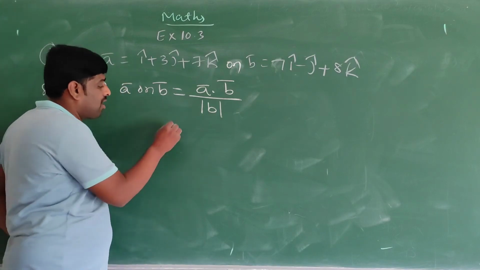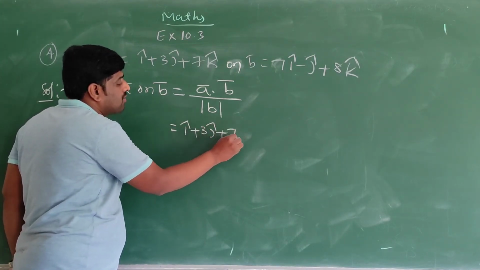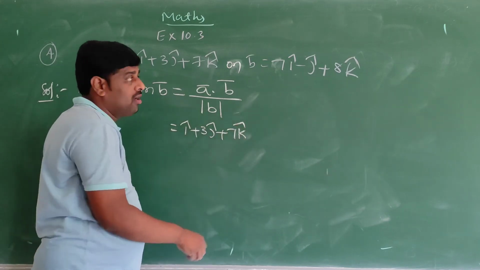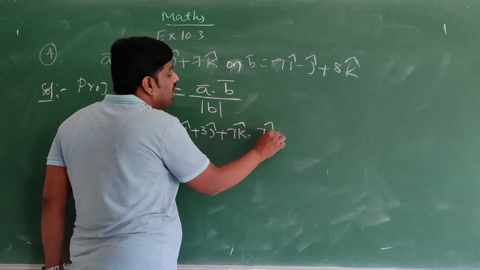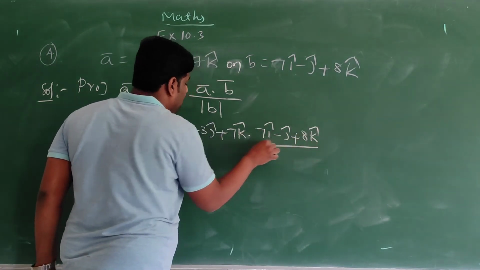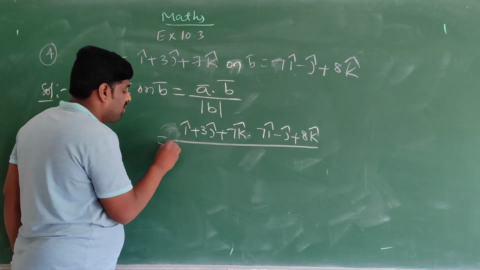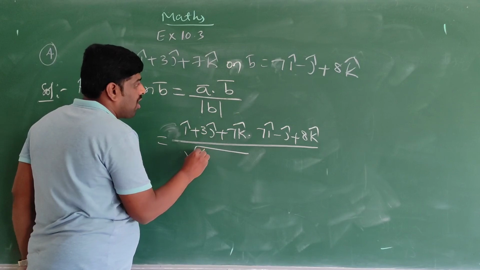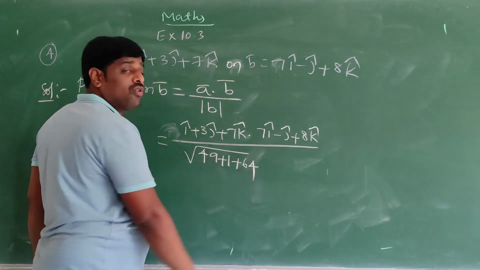What is A bar? i cap plus 3j cap plus 7k cap dot what is B bar? 7i cap minus j cap plus 8k cap divided by magnitude of B bar, that is square root of 49 plus 1 plus 64.